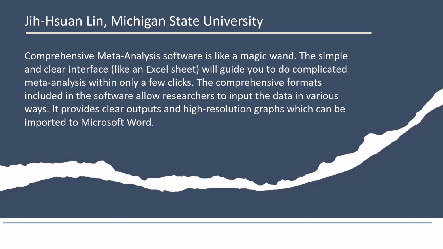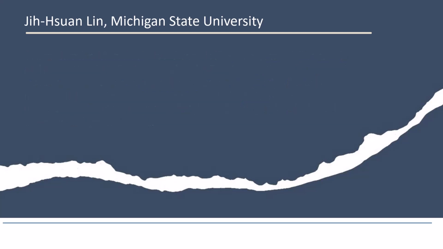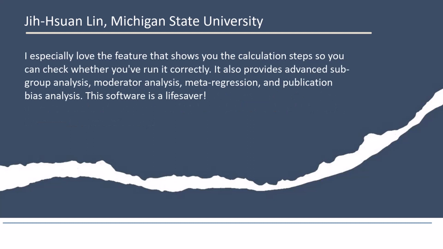It provides clear outputs and high-resolution graphs which can be imported to Microsoft Word. I especially love the feature that shows you the calculation steps so you can check whether you've run it correctly. It also provides advanced subgroup analysis, moderator analysis, meta-regression, and publication bias analysis. This software is a lifesaver.